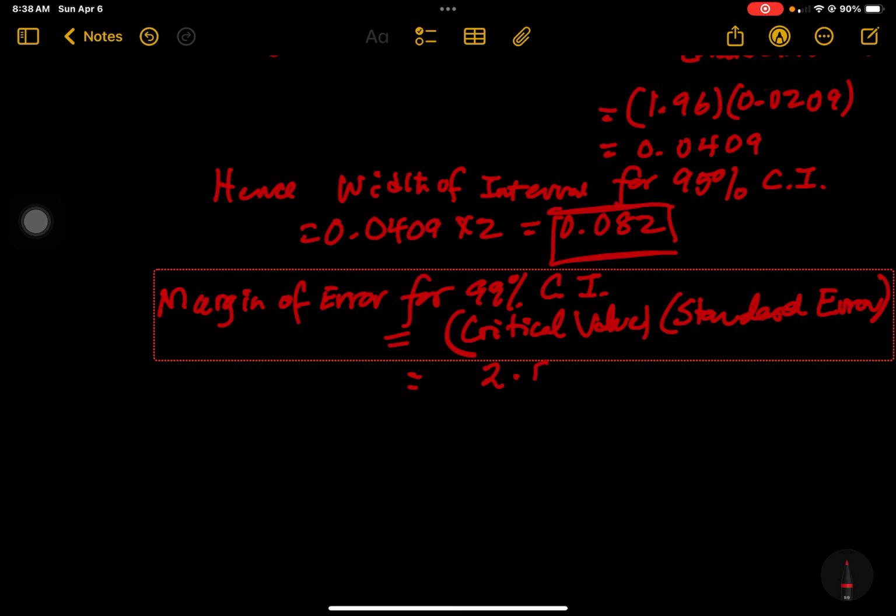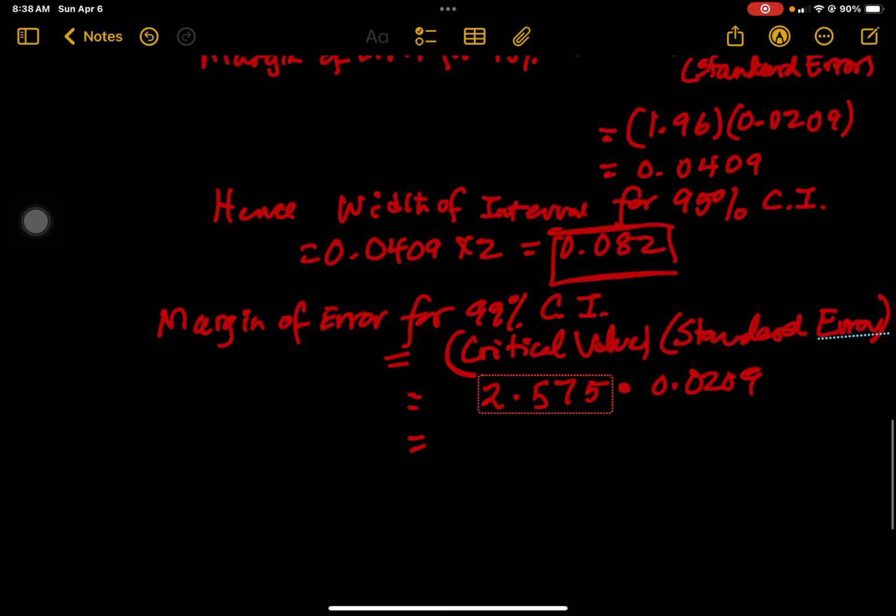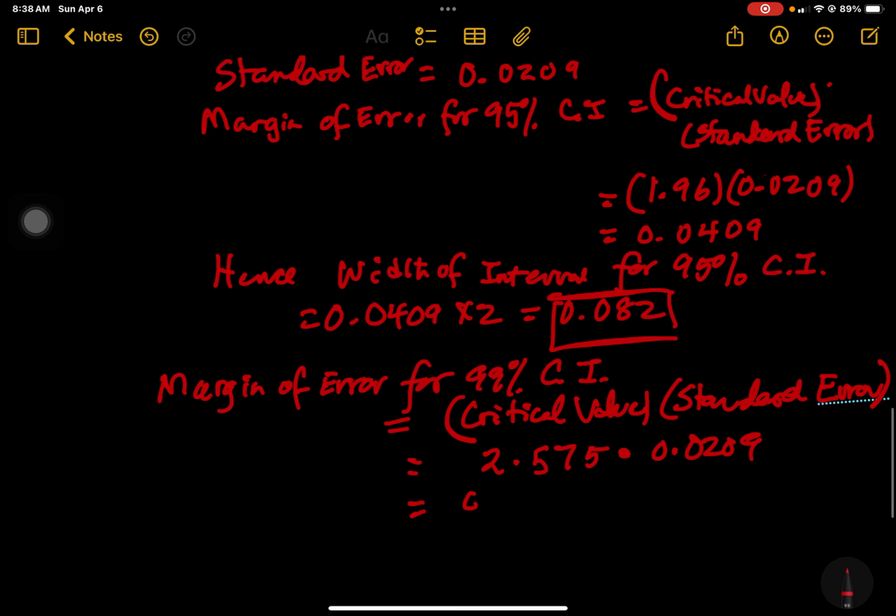Here it is 2.575 times standard error 0.0209. So that is equal to 2.575, the critical value, times the standard error 0.0209, which is 0.0538.